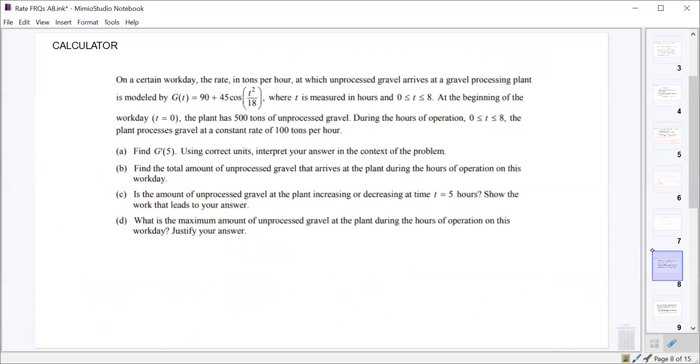All right, how did the gravel problem go? Better or worse than the rain? Did you guys actually do it? Half the people here have shaken their heads no at me. Jake did the problem. Thank you, Jake.